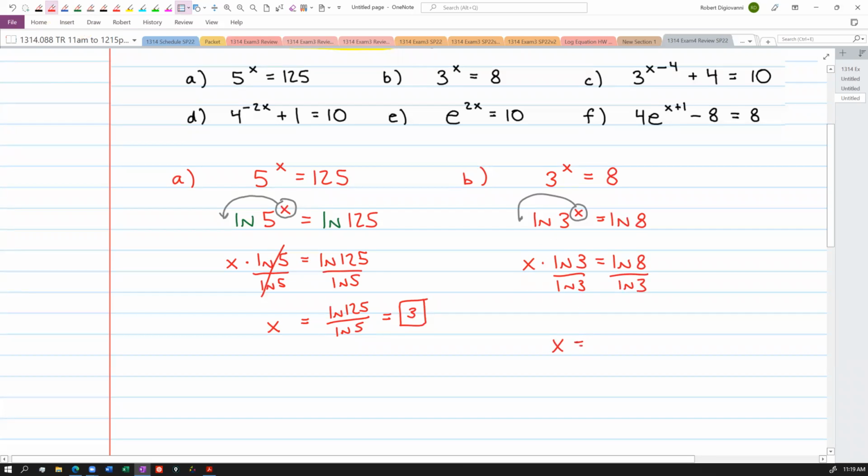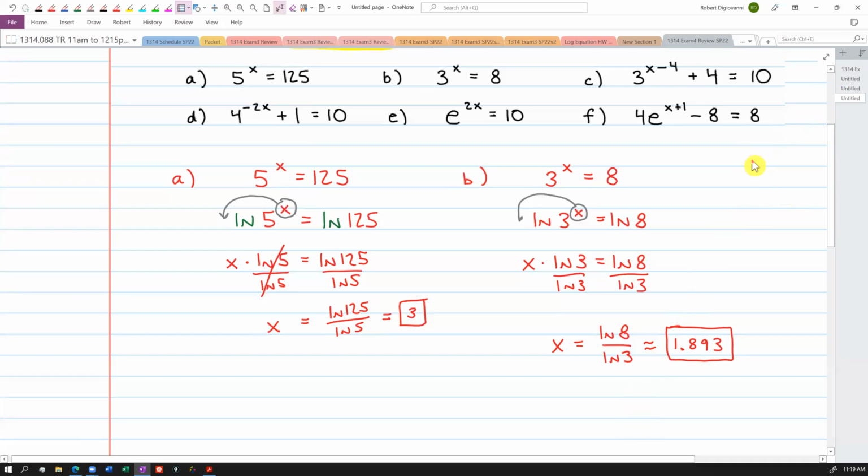So x is whatever natural log of 8 over natural log of 3 is. So we're going to get a decimal answer here. Natural log 8 divided by natural log 3 is approximately 1.893. Let's just round to 3 decimal places. We good? Okay.